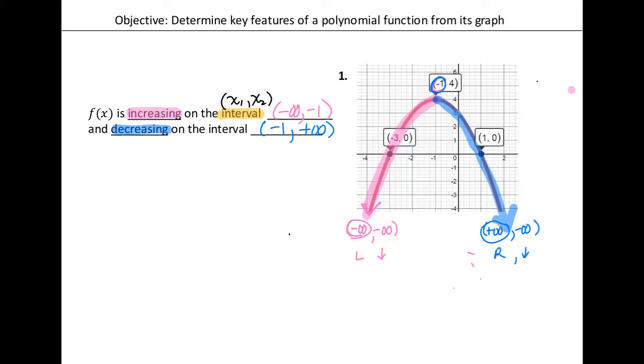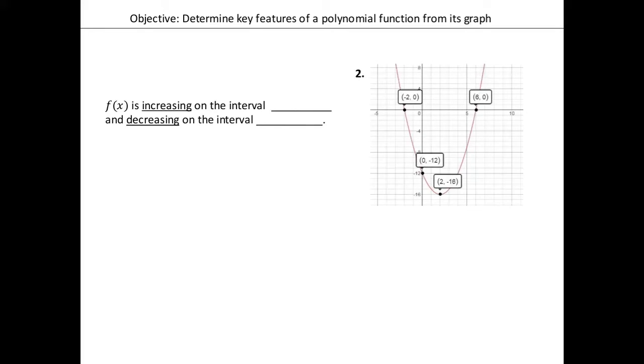All right, so let's look now at the second example. Same thing, I'm going to be using pink for increasing. Remember, for increasing, you're going from bottom to top, sorry, I think I said top to bottom.